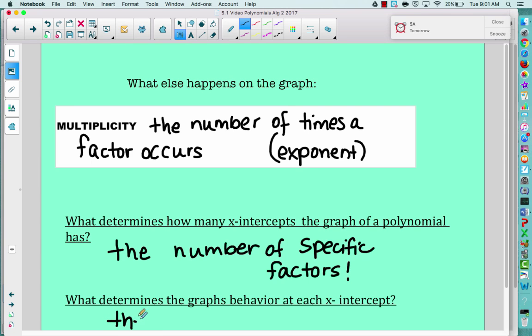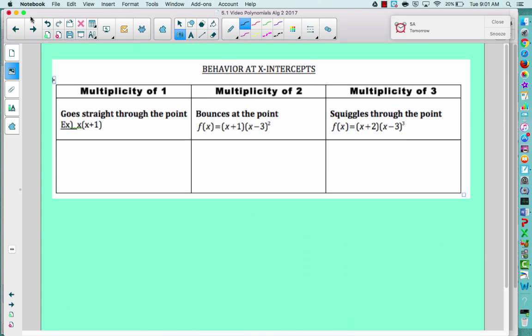It's going to be the factors' multiplicity. So that multiplicity comes into play. All right, so let me put this all together for you. Multiplicity of 1. Now we talked about these terms when we did the basic graphs. A multiplicity of 1 goes straight through the point.